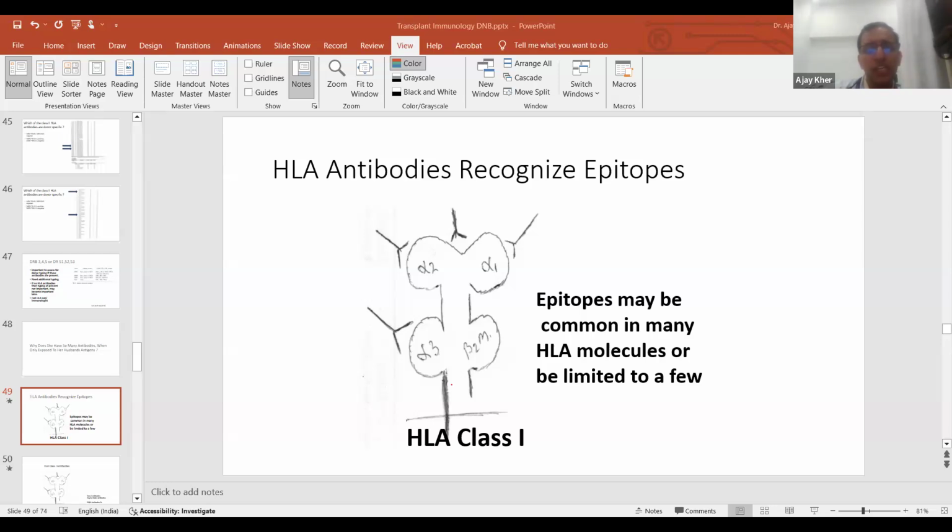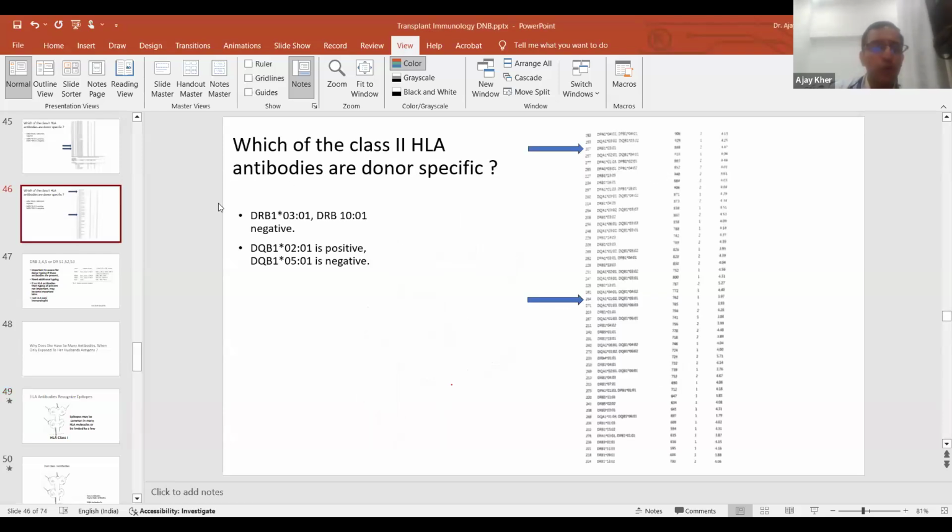So next question is, is relative intensity score and distributive strength of DSA a factor being considered for desensitization? I'm not sure how many people would understand this relative intensity score or an MFI. I'm going to answer this slightly differently. So when we look at an MFI report, let me open up one of these above and show you.